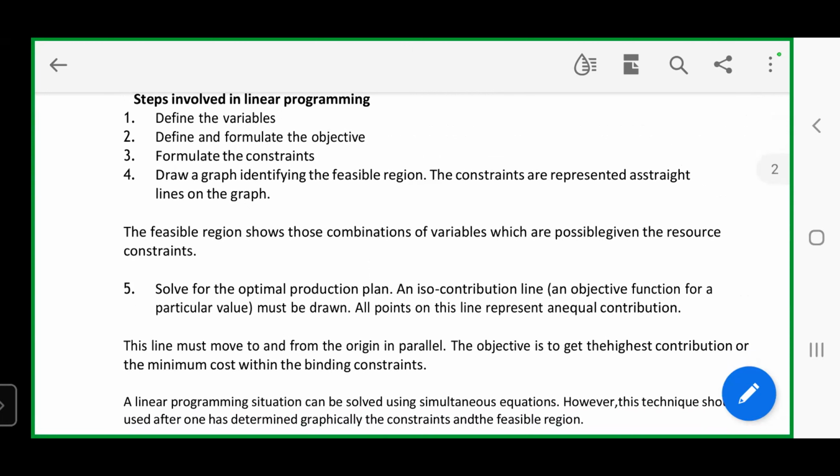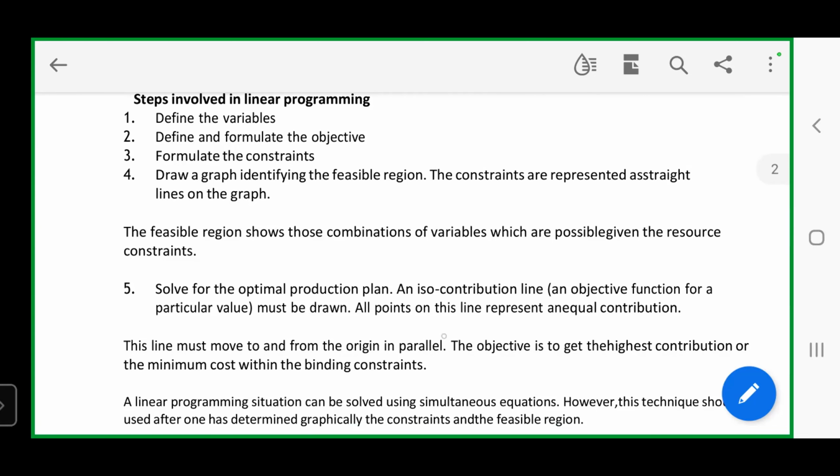Is the objective to maximize profit or to minimize cost? After that, we state the structural constraint. What are the limited resources that we want to use to achieve our objective that has been stated? That is what we are going to formulate in the constraint.